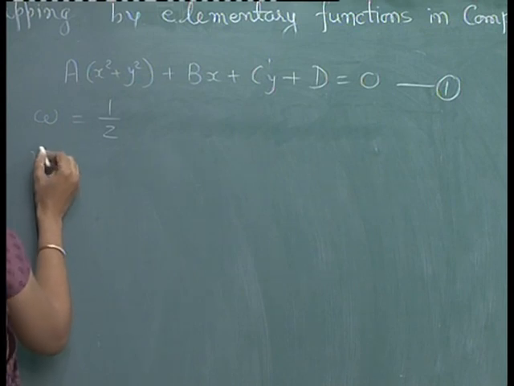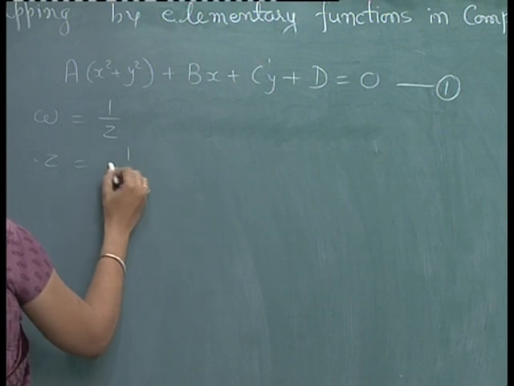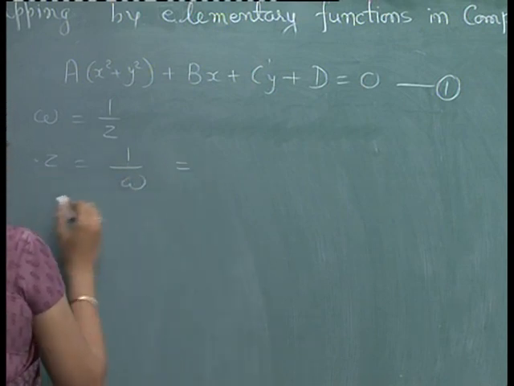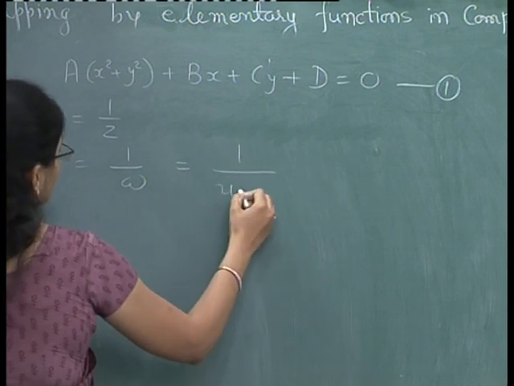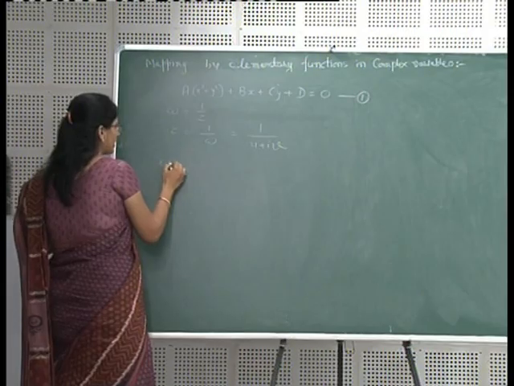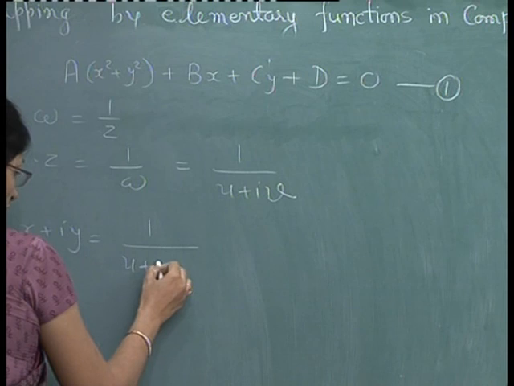Now we write W as 1/Z. This implies Z is equal to 1/W. So write W as U plus IV and Z as X plus IY. So X plus IY is equal to 1/(U plus IV).